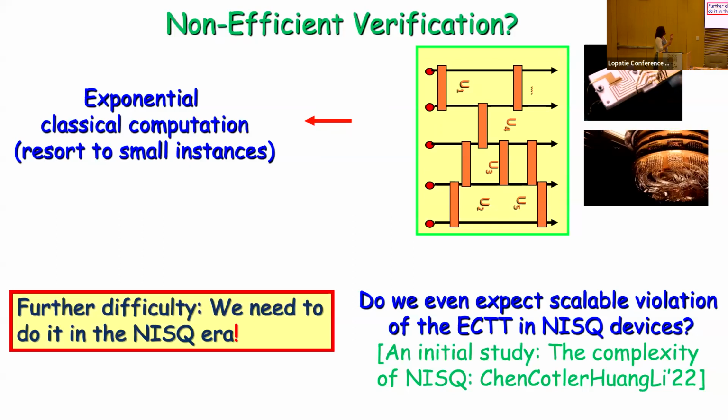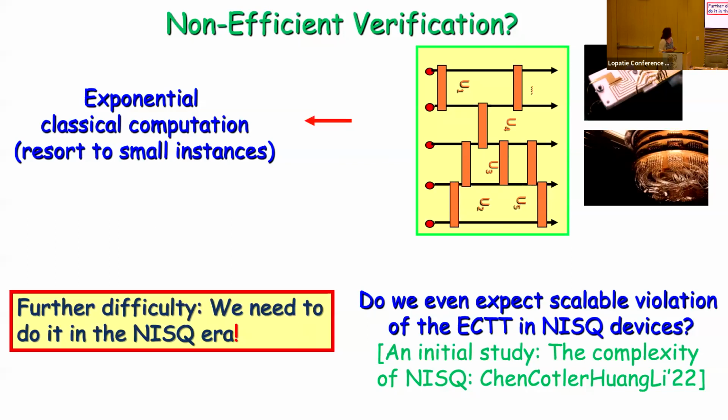So noisy, very noisy quantum devices, noisy intermediate scale quantum devices, and this is what we have right now. And we want to show this exponential advantage, or this violation of the extended Church-Turing thesis, in this context. So we can ask, do we even expect scalable violation of the extended Church-Turing thesis in such NISQ devices? I'll leave this question to the last 5 minutes.